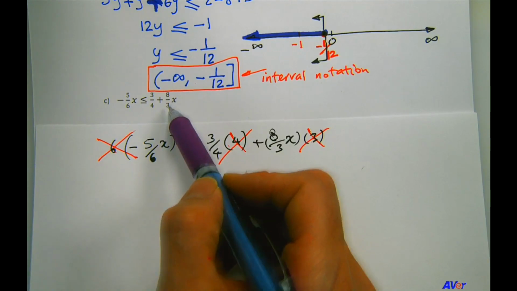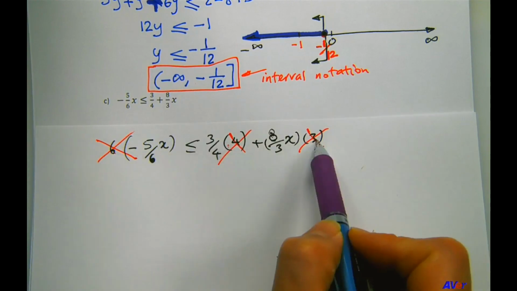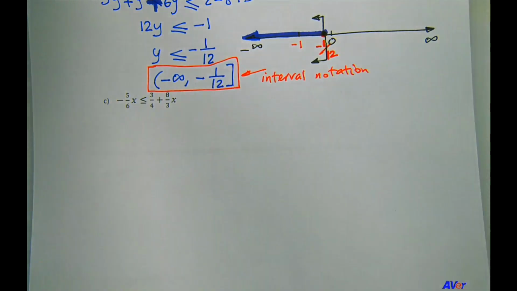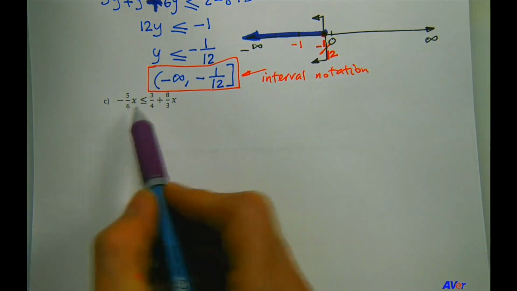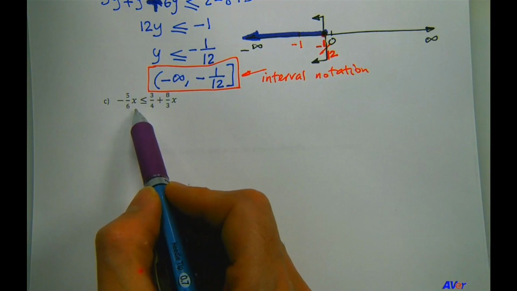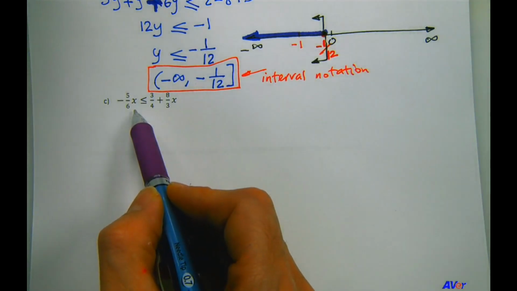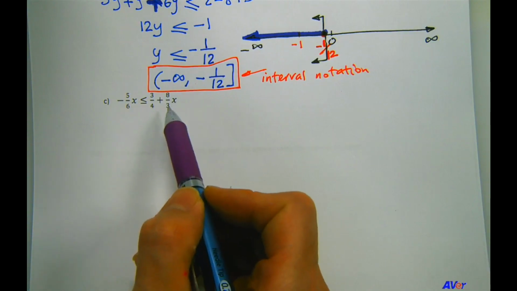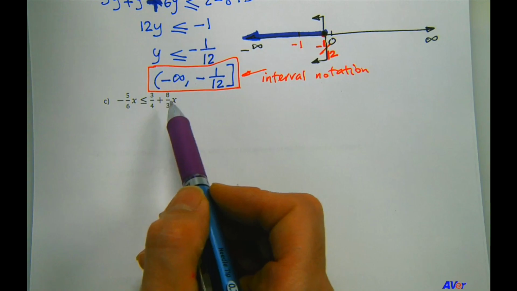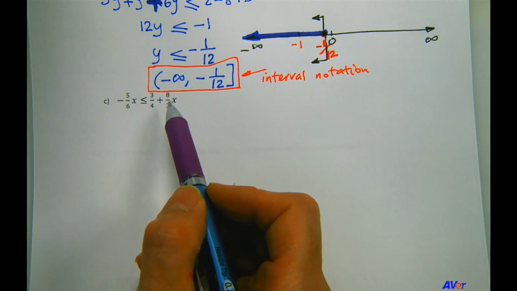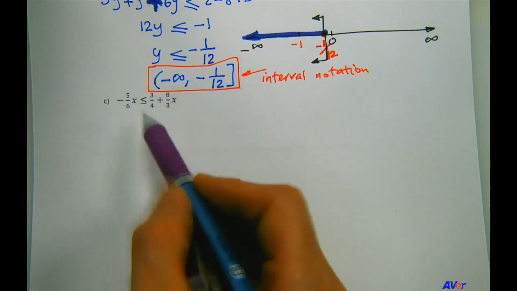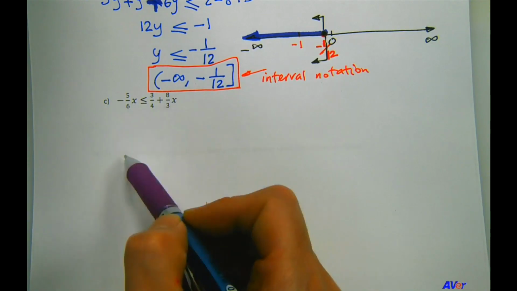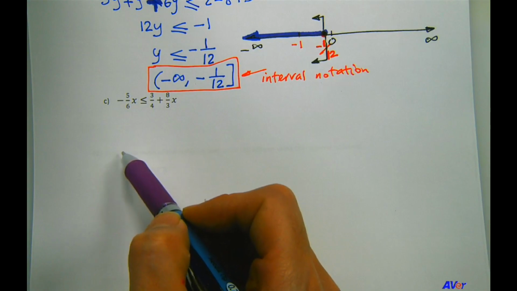That's the way to do it, not individually, but we need to look for a single digit such that if we multiply both sides of this inequality by that number, that single number could clear all these fractions at once. So what do you think that number is? Think about it. What single digit we can use to multiply both sides by to clear all these three fractions at once? Can you think of a number?